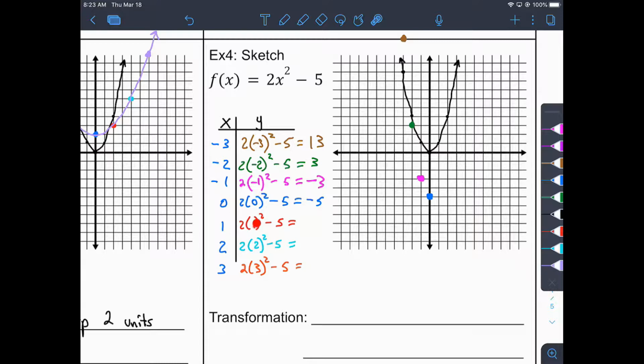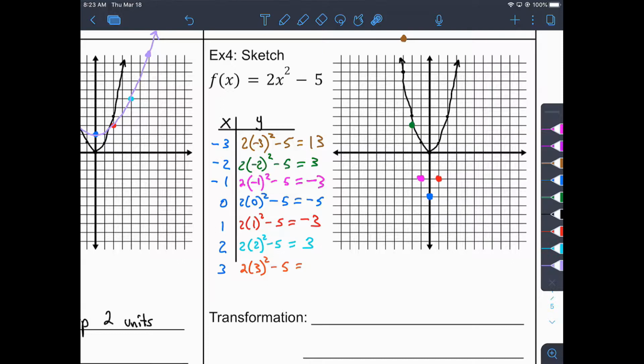Again, 1². 1² is 1. Times 2 is, well, 2, and 2 minus 5 is -3. So now I plugged in a positive 1, but it got out a negative 3. Two squared is 4, times 2 is 8, 8 minus 5 is 3.